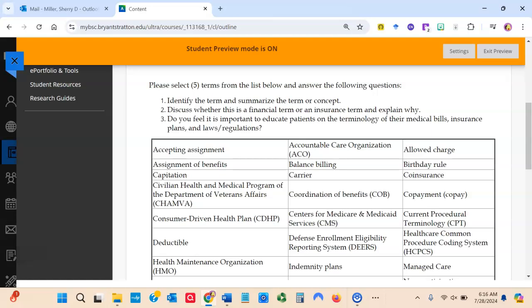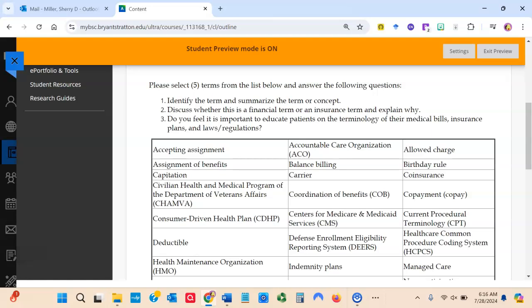First, identify the term and then summarize the term or concept. So go ahead and provide a definition of that term. Next, discuss whether it's a financial term or an insurance term and explain why.